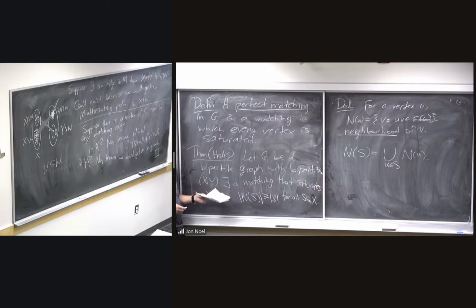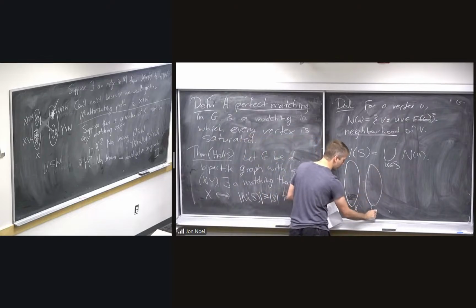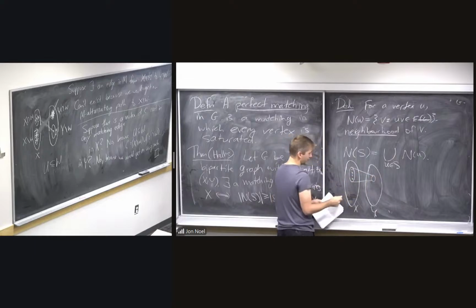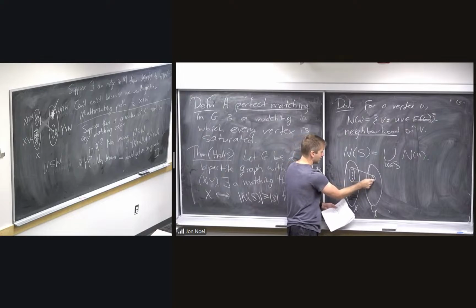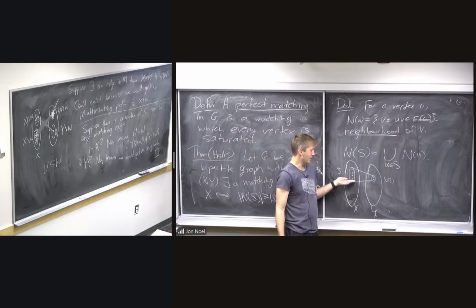So what Hall's theorem basically says is that there's a matching that saturates X unless there's some obvious bottleneck that would prevent that. If I had X and Y, and a set S with 4 vertices, and the neighborhood of S, all the things adjacent to things in S, only had 2 vertices, there's no way to match these 4 vertices to those 2 vertices without hitting the same vertex twice.